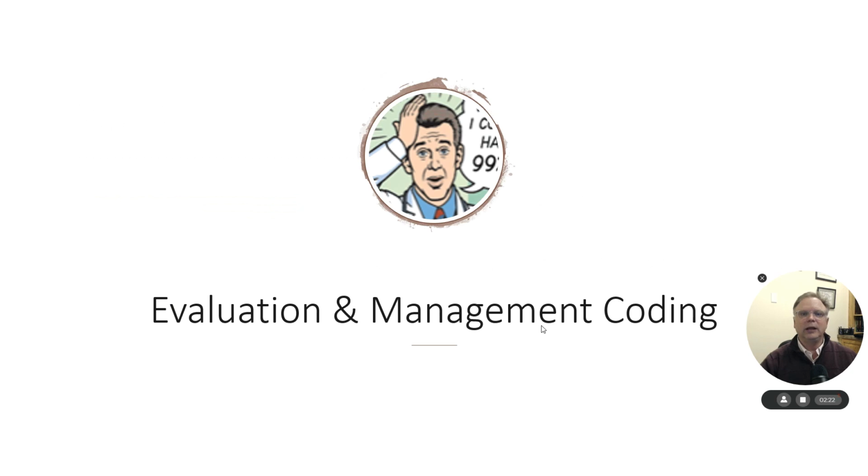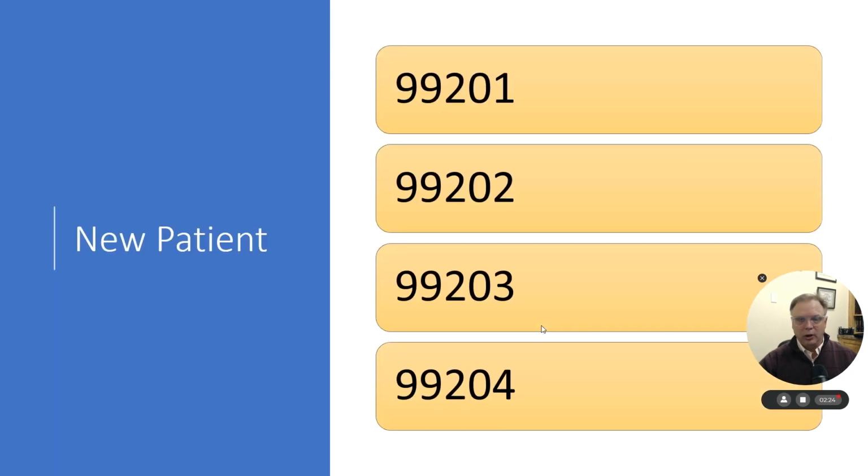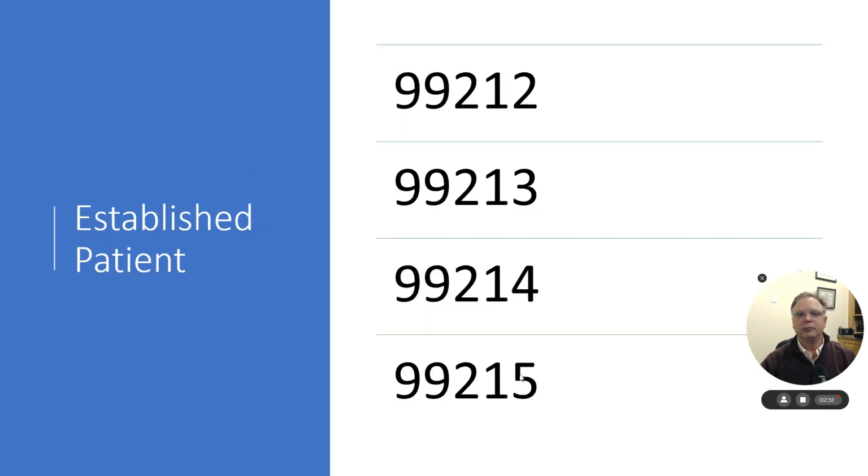So let's get into the codes, the established patient codes, and then what incorrect coding can lead to as far as a revenue leak. The 4 codes that we will use in chiropractic for a new patient, this is a patient that has not been in your office ever before, or it's been over 3 years since they've been in: 99201, 99202, 03, and 04.